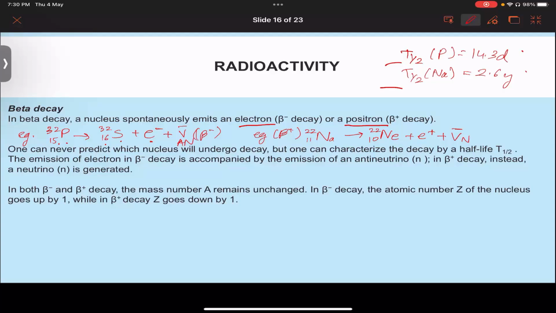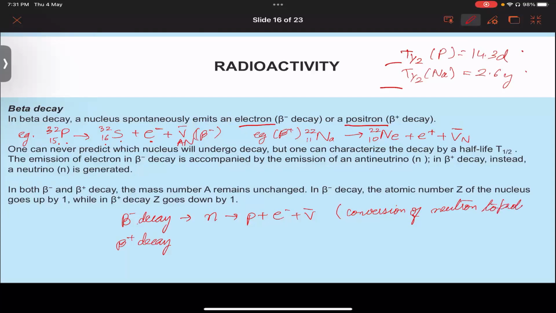Okay, so in general terms, how we can write this: for beta negative decay, n goes to p plus an electron and an antineutrino, and this is the conversion of neutron to proton.